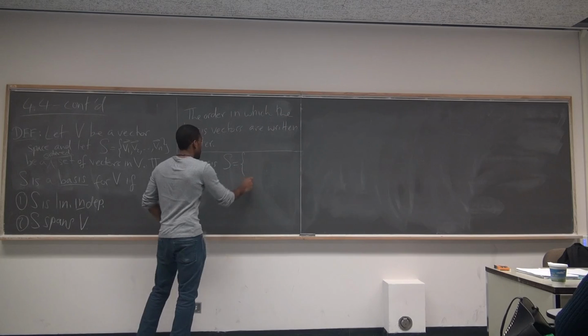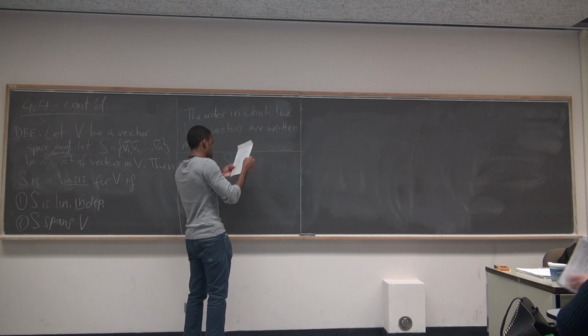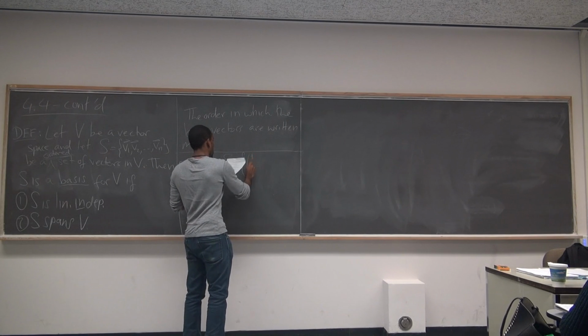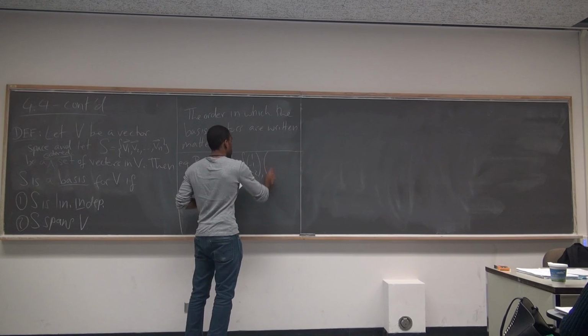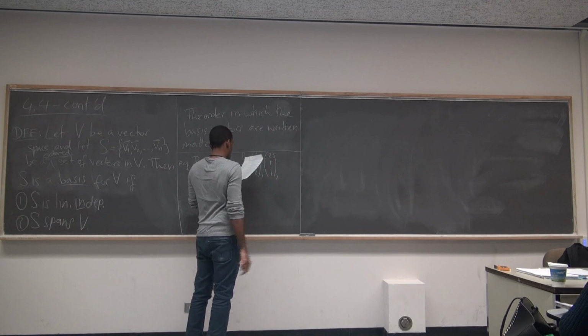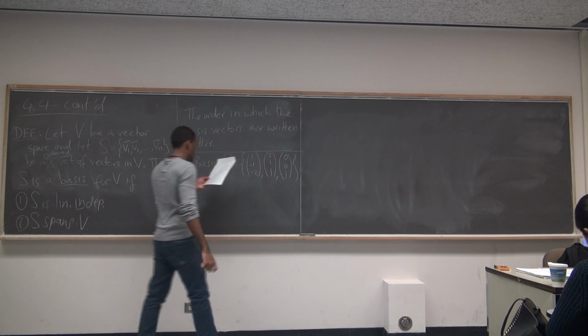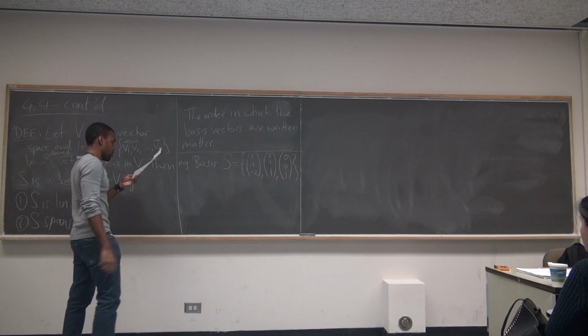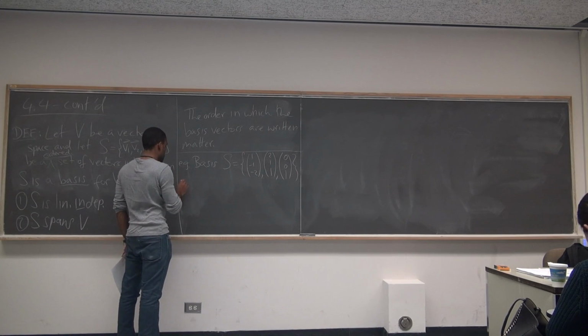I call it basis S, and it had three vectors: (1, -1, -2), (2, 1, 1), and (0, 0, 1). And then I said there's a vector in R3 according to the standard basis.